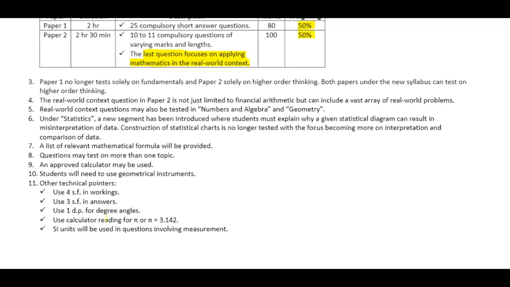And for calculator readings, if the symbol pi is used in the question or given and you have to use it in your calculations, there's actually a function in the calculator that represents the exact pi value, and you should always use that. Otherwise, you should always use 3.142 as the value of pi.